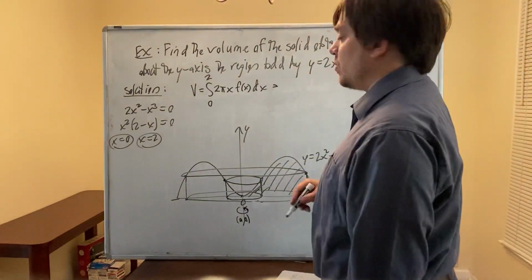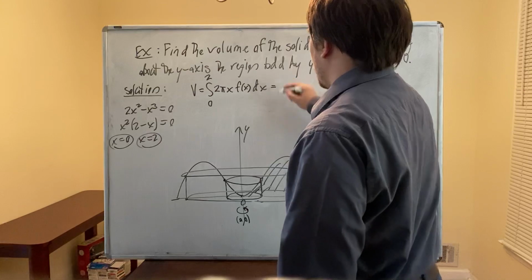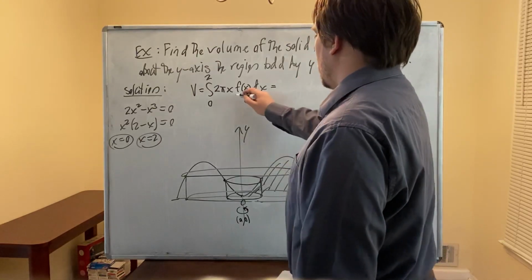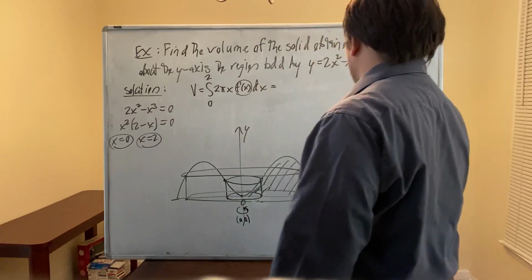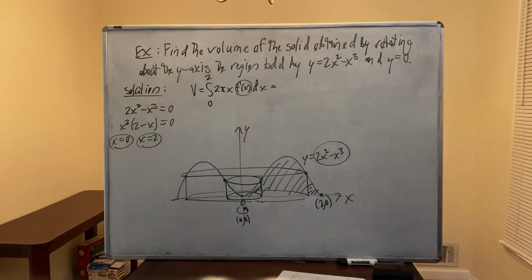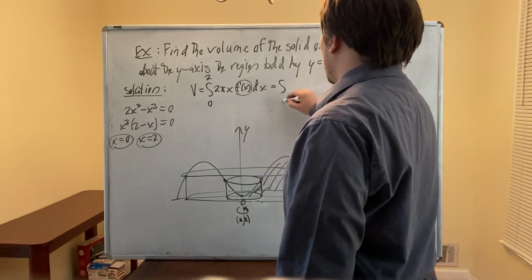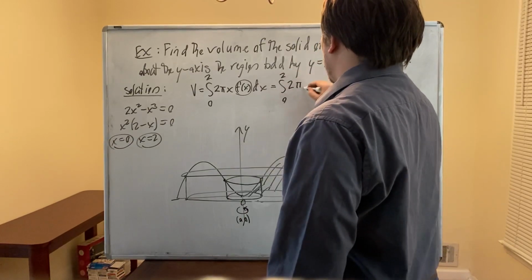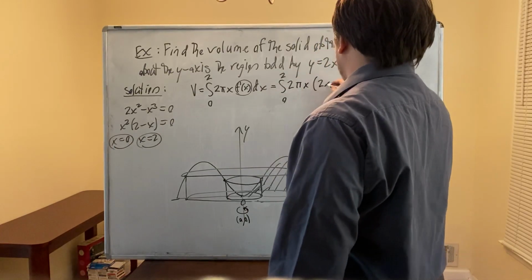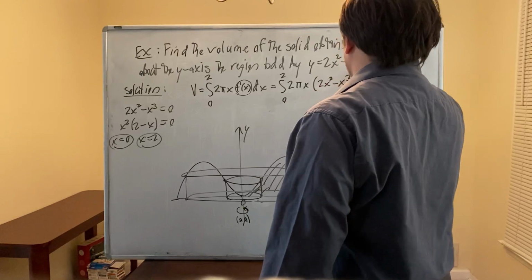Here f of x is just 2x squared minus x cubed. So we substitute: the volume is equal to the definite integral from 0 to 2 of 2 pi x times 2x squared minus x cubed dx.